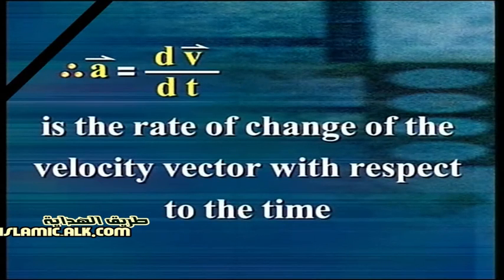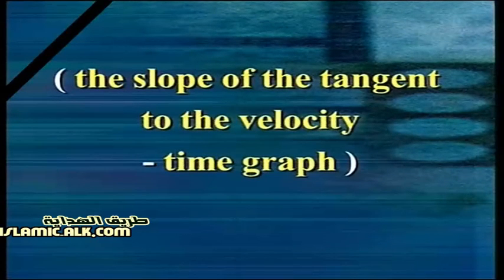Therefore, acceleration A is the differentiation of the velocity with respect to time t, equals dv over dt, the rate of change of the velocity vector with respect to time t, or the slope of the tangent of the velocity-time graph.